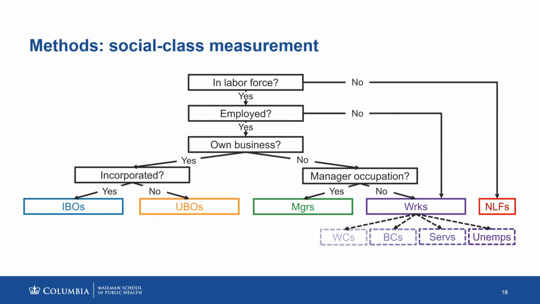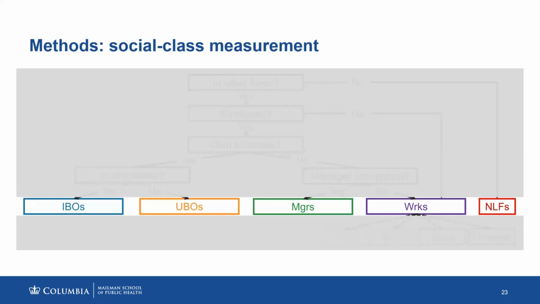So to measure social class, we use data on respondents' labor force status, employment status, and most importantly, their business ownership and occupational status as proxies for power over labor and productive property in the workplace, producing classes of incorporated business owners, or IBOs, unincorporated business owners, or UBOs, managers, workers, and those not in the labor force, with IBOs roughly aligning with the capitalist class I described earlier, and UBOs roughly aligning with the petite bourgeoisie class.